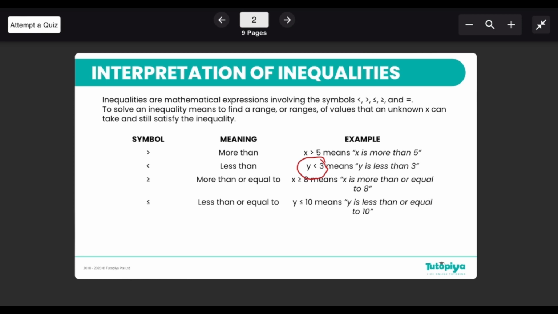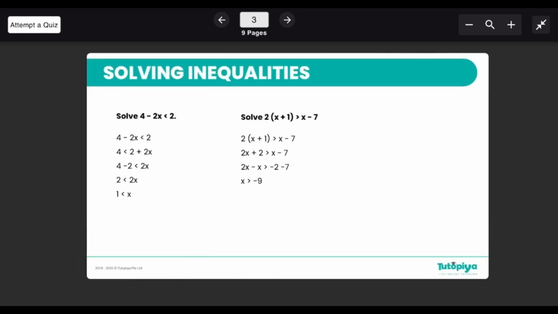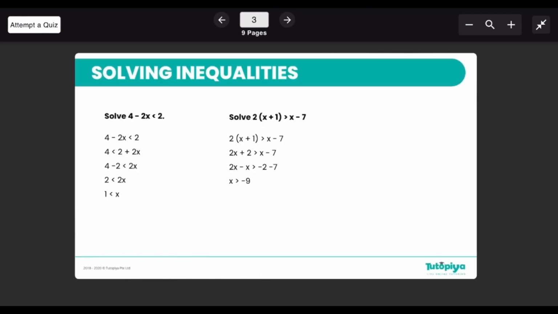With the inclusive sign, that is, when it includes the equal sign underneath, x will be more than or equal to 8. So it can be 8, but it can also be any value more than 8. Likewise, the other one can be any value equal to 10 or less than 10.